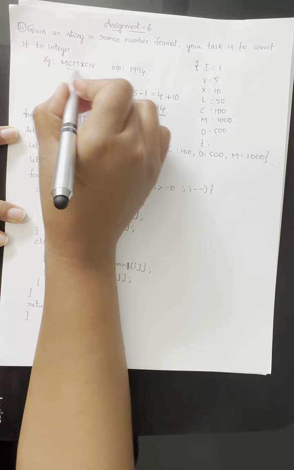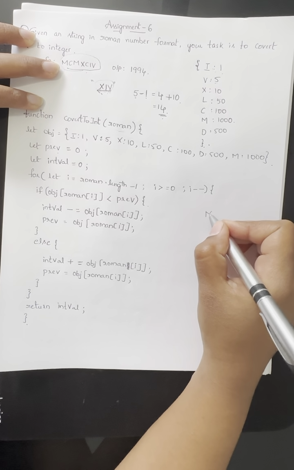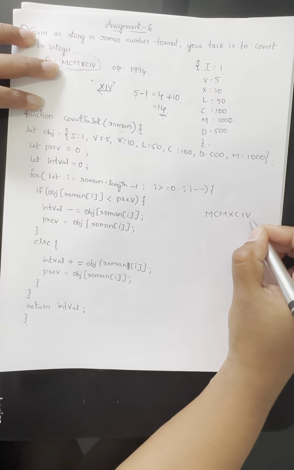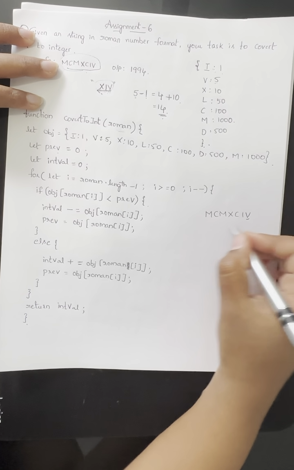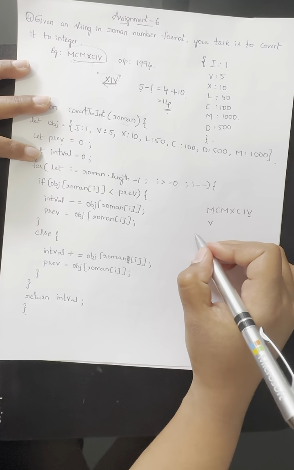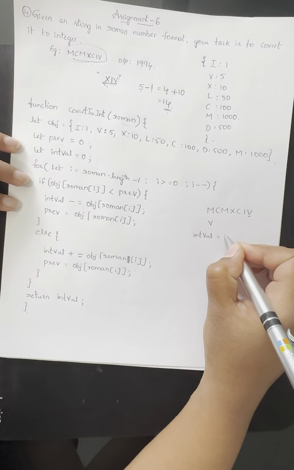Let's take this example and see if the code works: MCMXCIV. We'll be starting from the last index, which is V, 5. In the intValue we have 5.